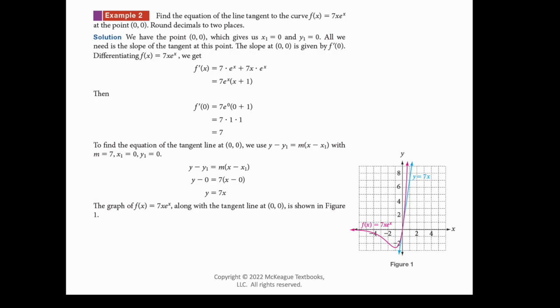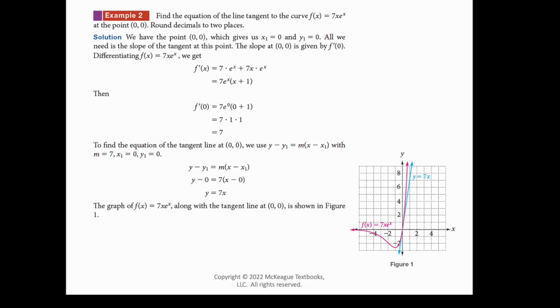Now, just like we've done with previous functions, we'll follow the same method. First, we want to find the derivative and use it to determine the slope at a specific point. In this case, we're interested in the slope at x equals 0 because the author provided the point (0, 0).